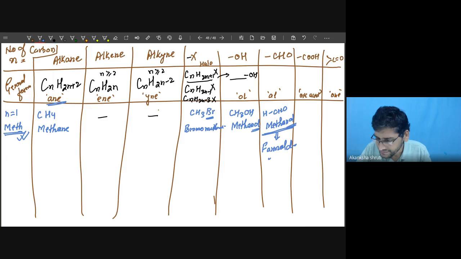I'm writing it here. So it is an aldehyde with 1 carbon. One is called 'formal' in common nomenclature. So therefore, it is also called formaldehyde.